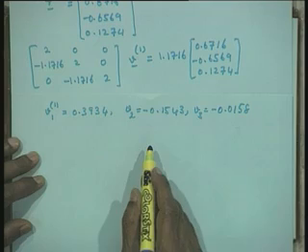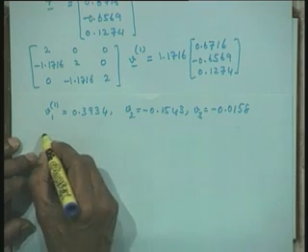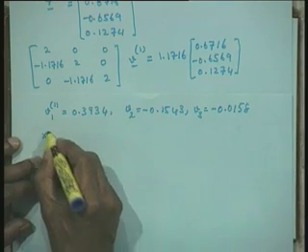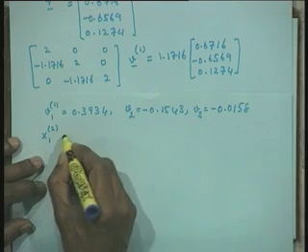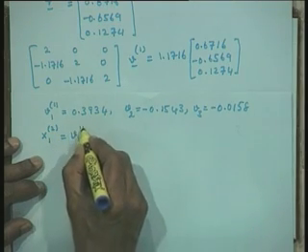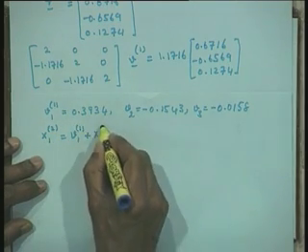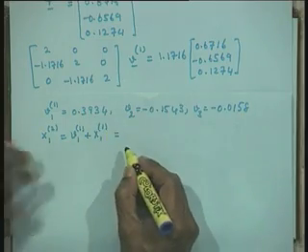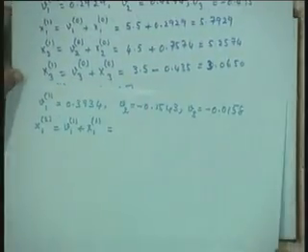Now I will update my value of x, that is x1 of 2 is equal to V1 of 1 plus x1 1. Now, let us go back to this slide.